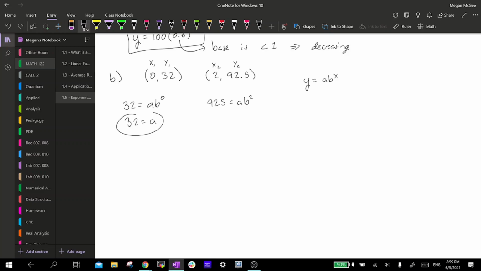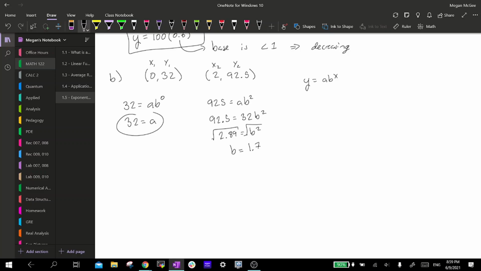We now know that a is 32, so we get 92.5 is equal to 32 b squared. Then we divide by 32, so we end up with 2.89 is equal to b squared. Then we can square root both sides to get b is equal to 1.7.